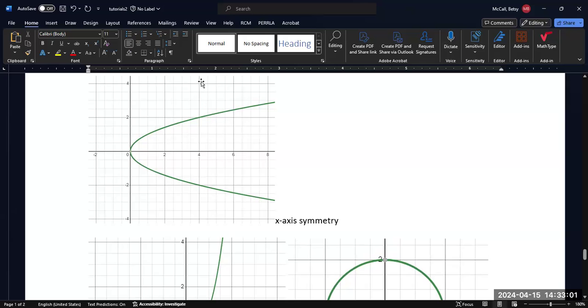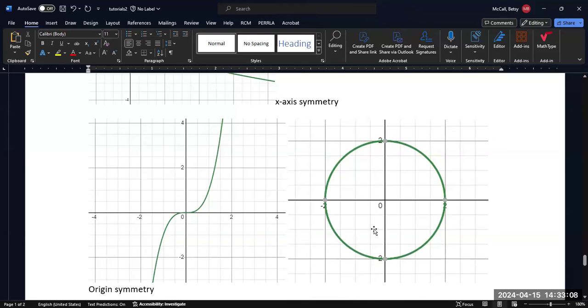It's not a function. And so this would not be something that we could actually deal with. Same thing for the equation of a circle. This is origin symmetric, but it's a relation because it also violates the vertical line test.